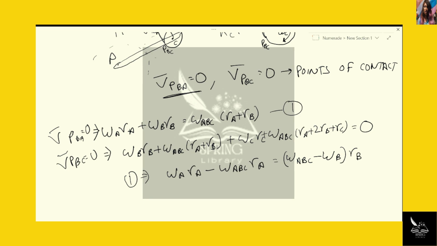So RB can be given as omega A minus omega ABC times RA, divided by omega ABC minus omega B.